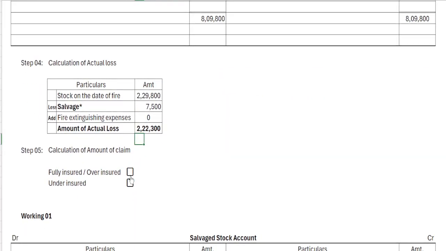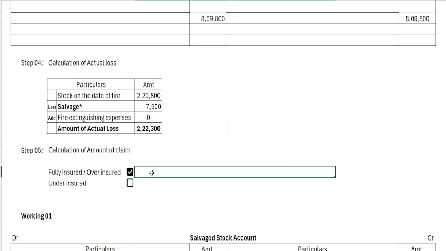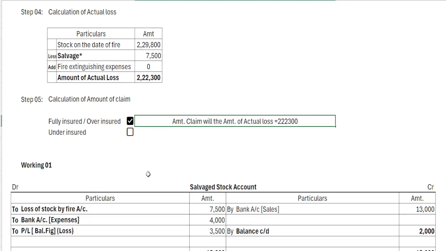Assuming that it is fully insured, the amount of claim will be the amount of actual loss, which is 2,22,300.